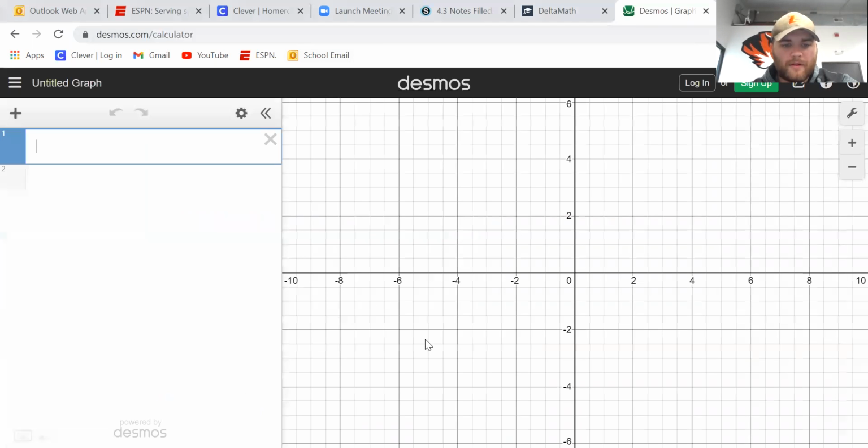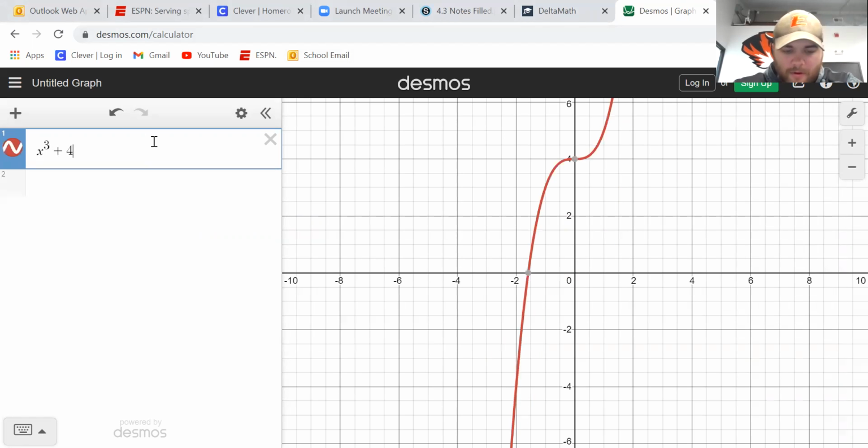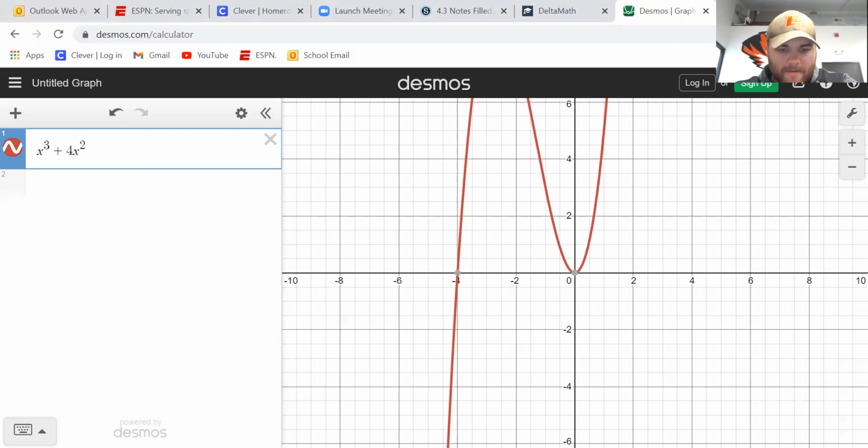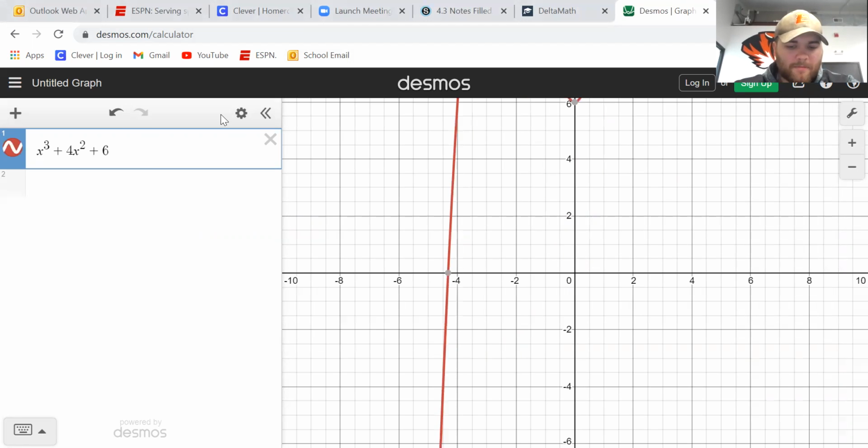Okay, what was that function? Oh, my memory's getting so bad. x cubed plus 4x squared plus 6x plus 4. I already forgot it. I'm a genius. Psych, we all know that.